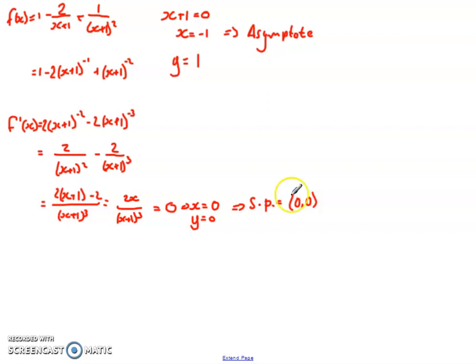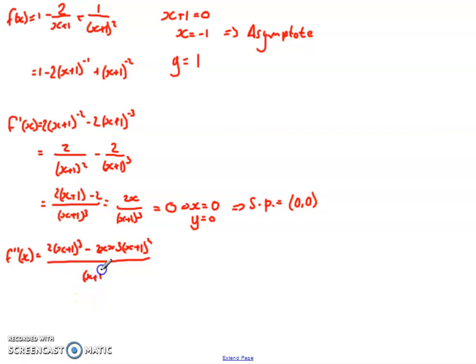Now we know we can use a nature table in order to do this, but what I'm going to do at this stage is I'm going to do the second derivative, so f double dashed of x. Now to do that, I'm going to use the quotient rule. So I'll end up getting 2 bracket x plus 1 cubed, take away 2x times 3 bracket x plus 1 squared. And that's going to be all over the bottom here, squared.